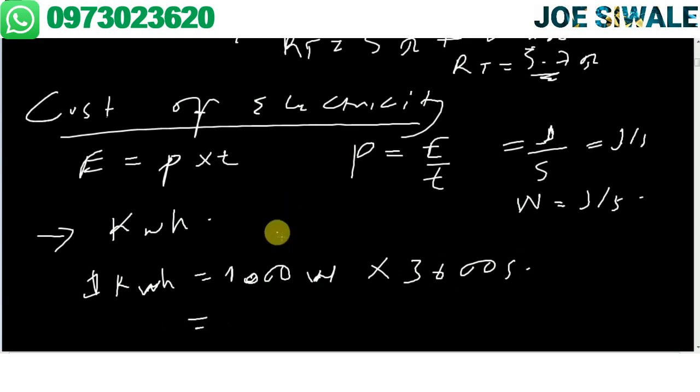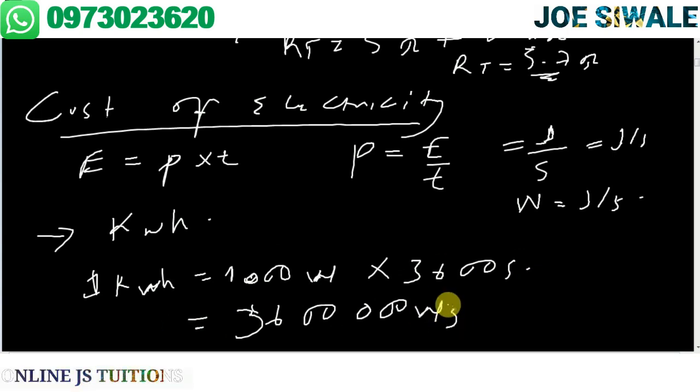And if we do our calculations there, when you multiply, you're going to have 3,600,000 watt seconds. From this formula, we know that this is watt, isn't it? And when we multiply it by time, we're going to have watt seconds.